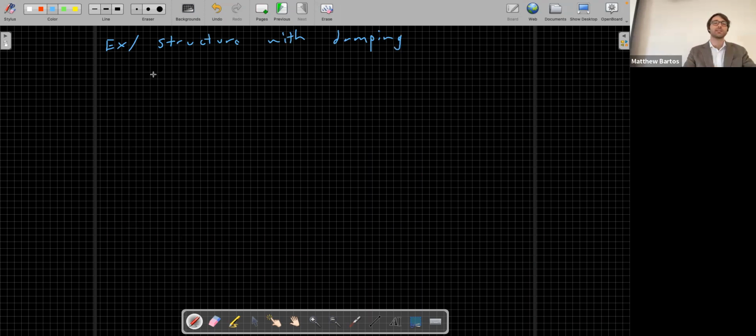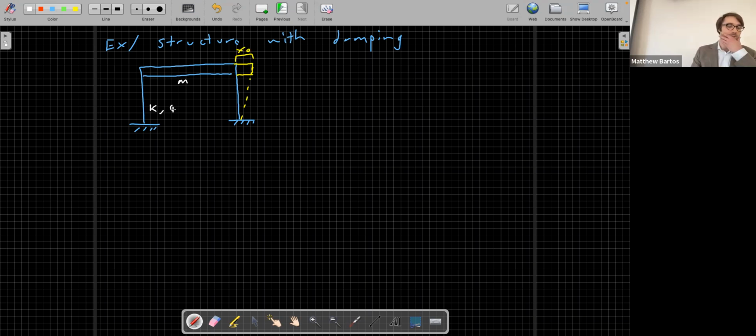Okay, so let's consider the same system, but this time with damping. Okay, we have some initial displacement. Okay, and we have now a mass M, stiffness K, and damping C.